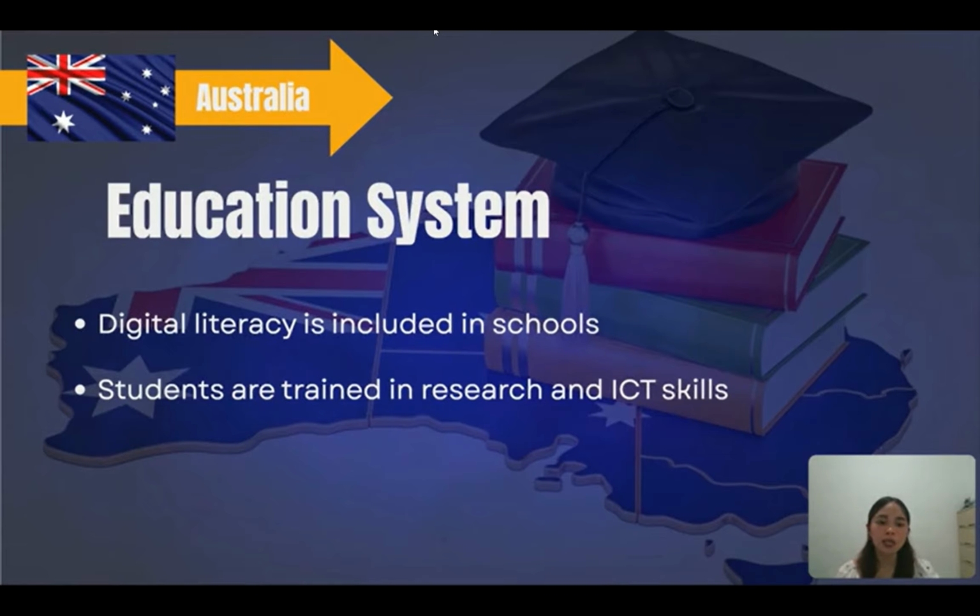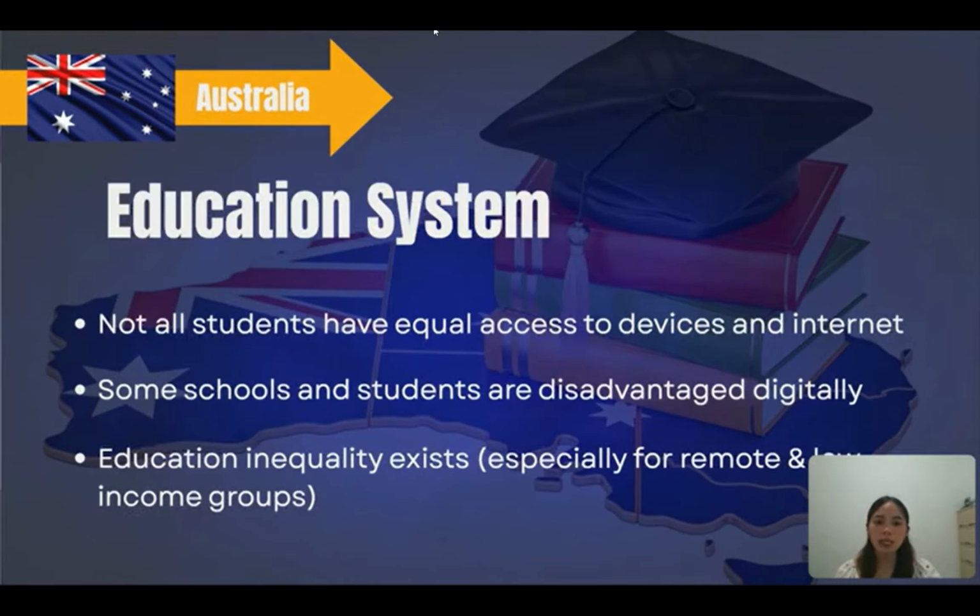But even in the advanced system, there is a digital divide. A student in a wealthy city school has a different future than a student in a low income or remote indigenous community who lacks a present device or a stable connection. And that is a difference.